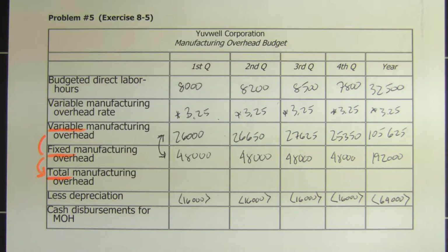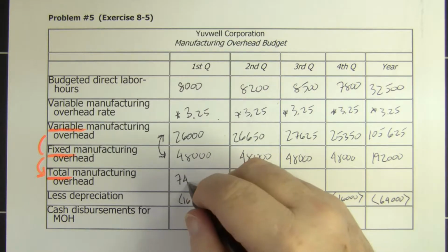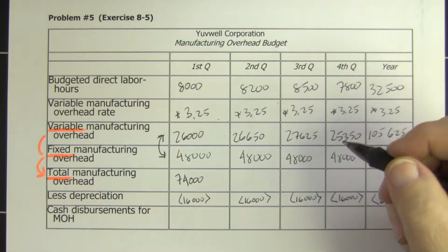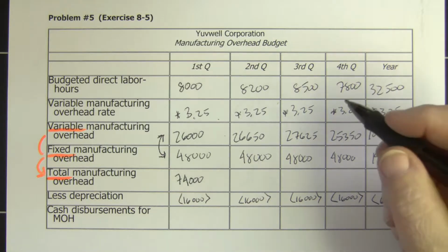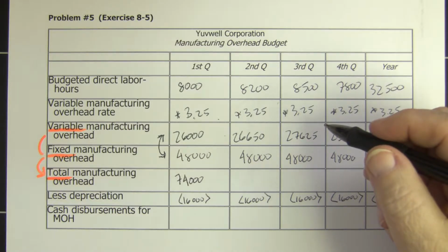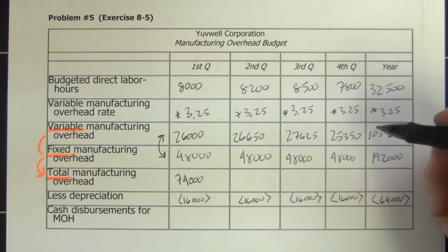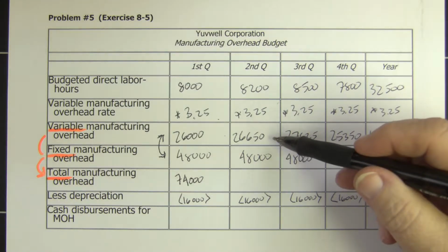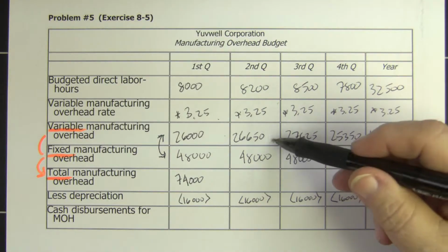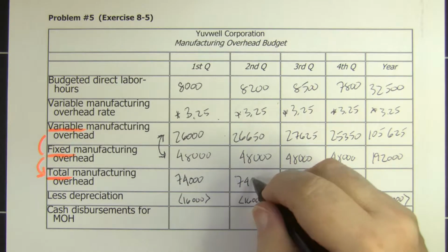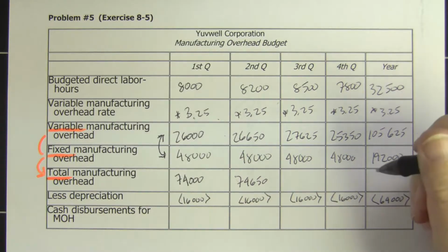So 26 and 48 is 74,000. Mr. Quate, my 7th grade algebra teacher, would be so proud of me. He's also the guy that said I was more likely to do time than finish high school. Second quarter, 48, 26,650, 74,650. What did he know?